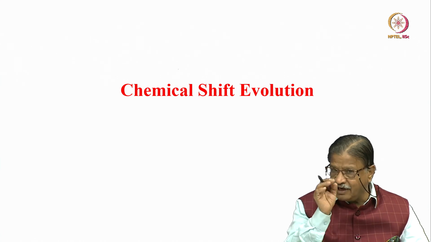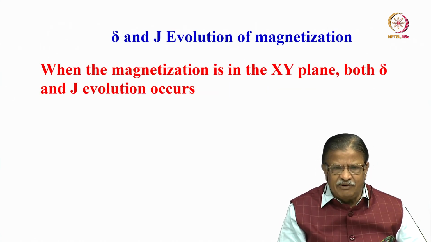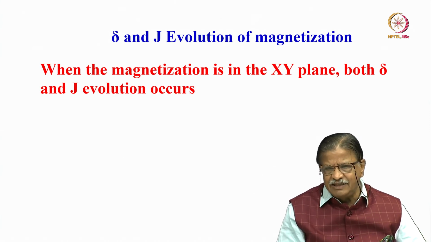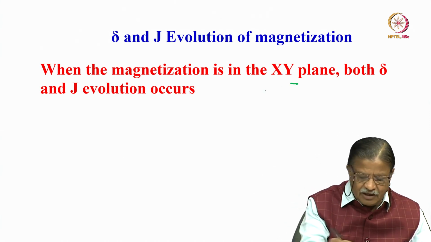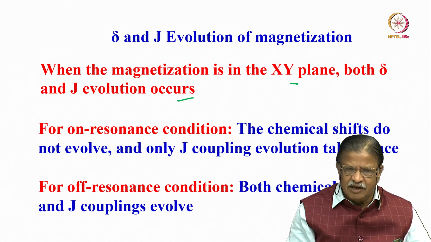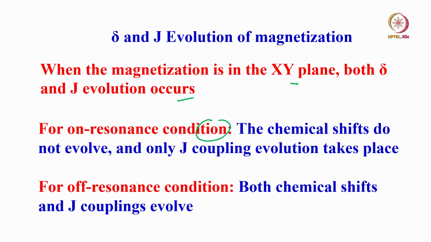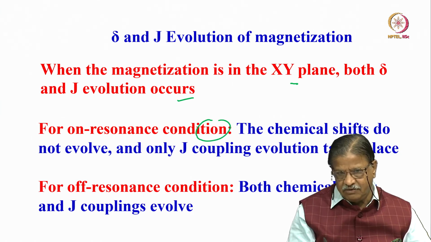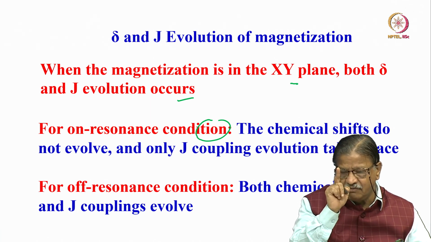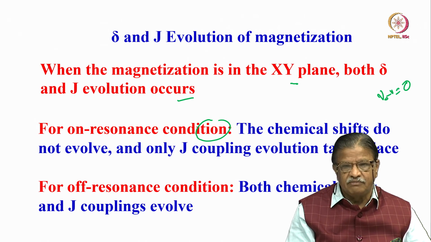With this, now try to understand what is chemical shift evolution and J coupling evolution. Delta and J evolution is very important. When the magnetization is in the XY plane, both delta and J coupling will evolve, if both interactions are present. Now, if I consider the on resonance condition, the chemical shift does not evolve. Exactly on resonance, nu naught minus nu r difference is 0.